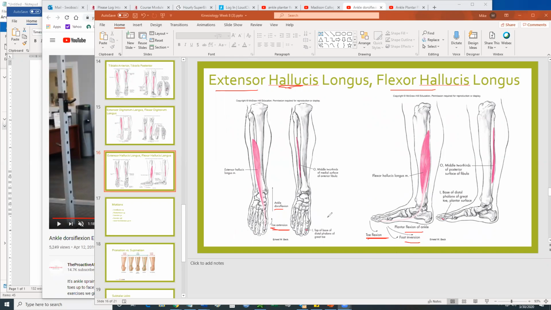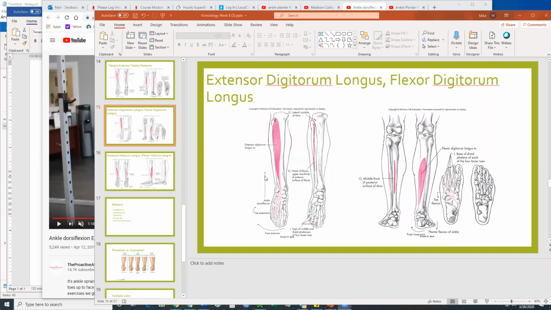The insertion point on all these muscles should be pretty self-explanatory. If this is moving the big toe, the muscle has to insert on the big toe. Same thing for the digitorum muscles. Because this moves your second through fifth toes, it has to insert on your second through fifth toes.